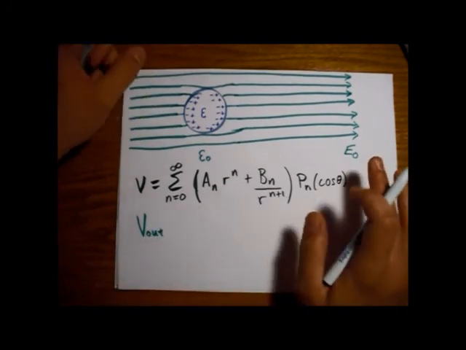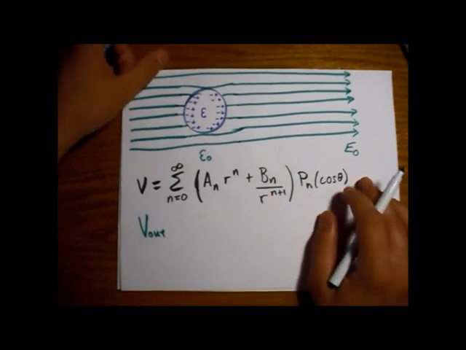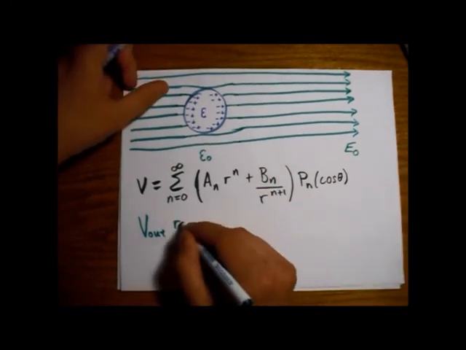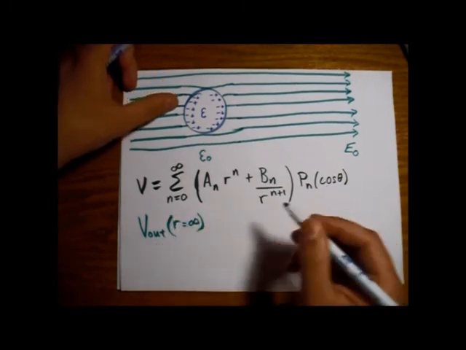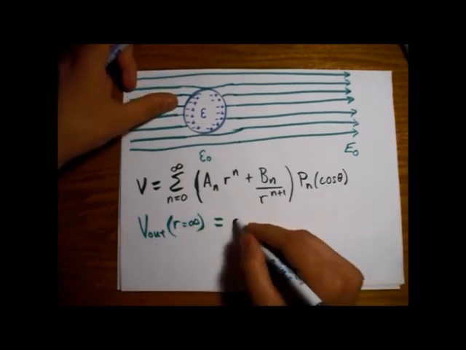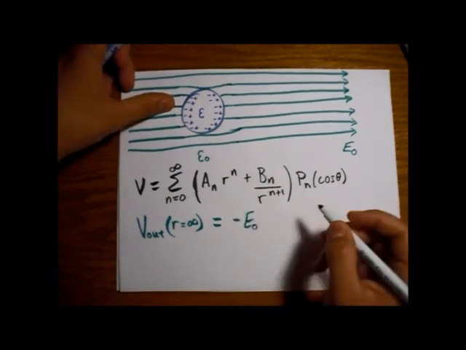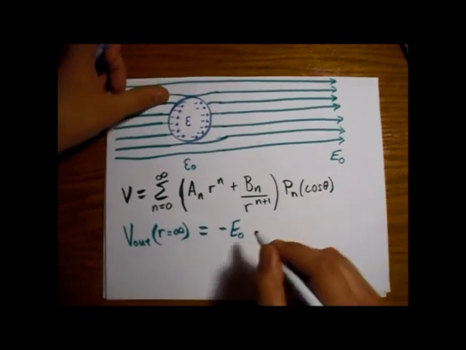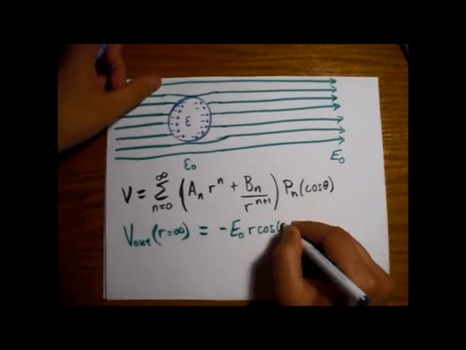just like in the case of the conducting sphere in a constant electric field, at very large r, this is going to be equal to minus E naught. This is the big E naught, the strength of the external electric field, multiplied by r cosine of theta.